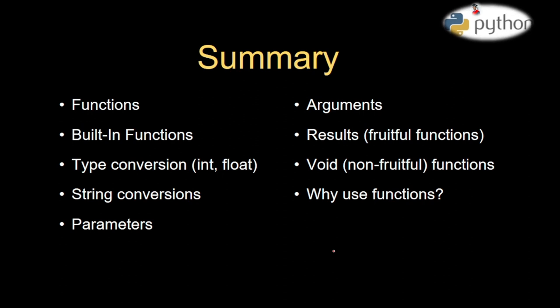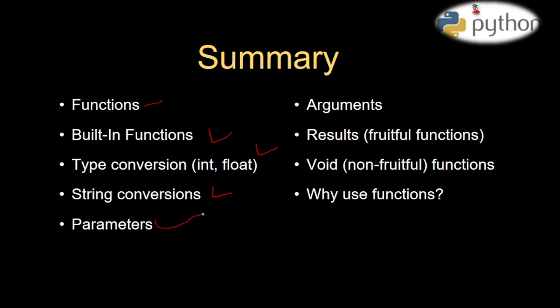Good. As a summary, in this video we see what functions are. We see built-in functions. We see type casting, or type conversion from one data type to another. We see string conversions from numerical characters. We can convert to other data types unless it is difficult or not possible. Parameters are simply variables that we pass in the function definition.